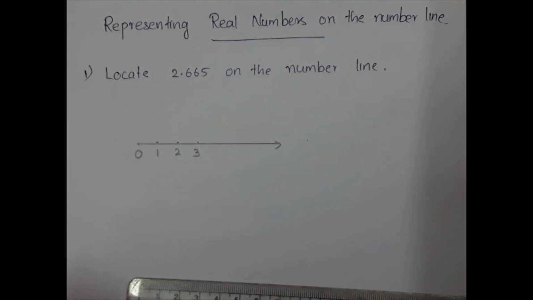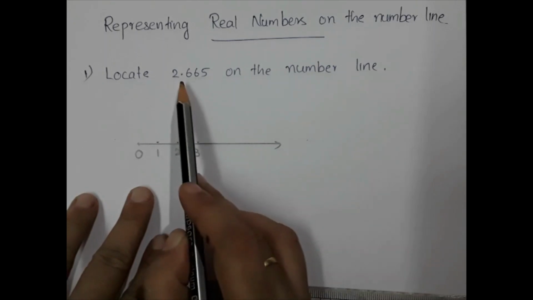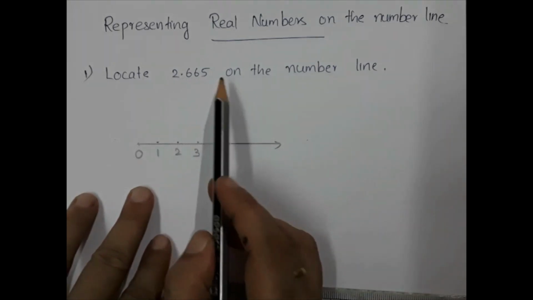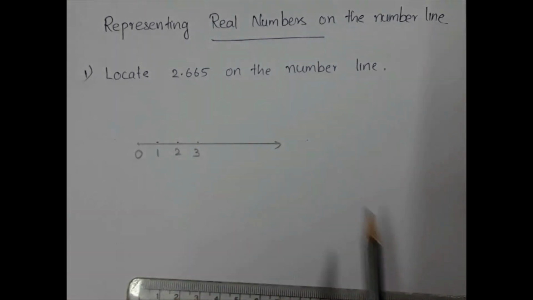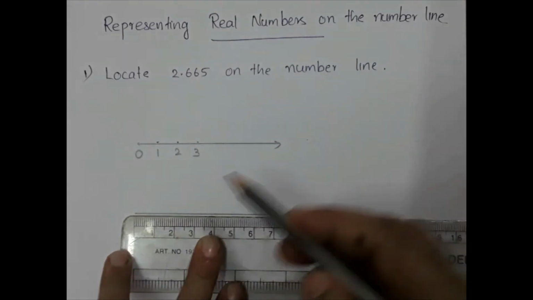So you have to locate 2.665. In between which two numbers will 2.665 come? Between 2 and 3.